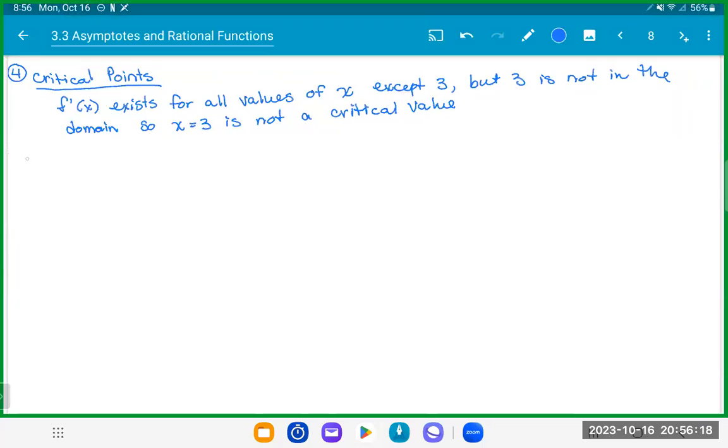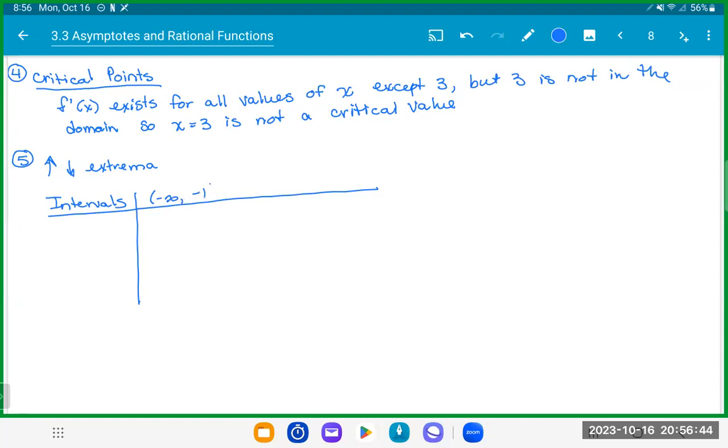So now we need to move on and determine where we're increasing, decreasing. So we want increasing, decreasing, extrema. So we'll look at our intervals: negative infinity to -1, -1 to 3, and 3 to infinity.